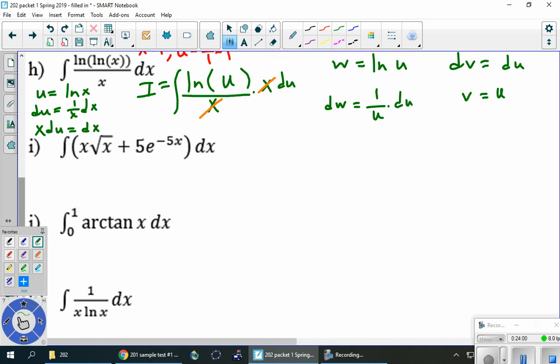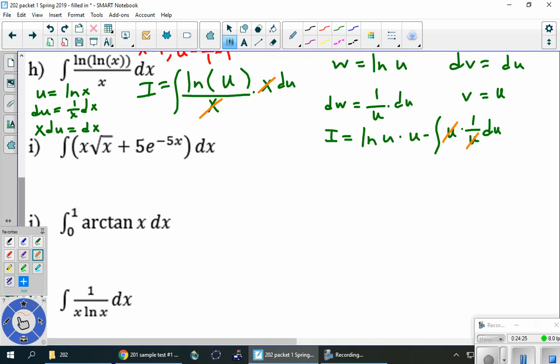And then let's go ahead and write our new integral. The original now is equal to, okay, so we're following our diagonal pattern, w times v. So that's ln of u times u minus the integral of v times dw. That's u times 1 over u du. Look, something really nice happened inside this integral. The u's just cancel.